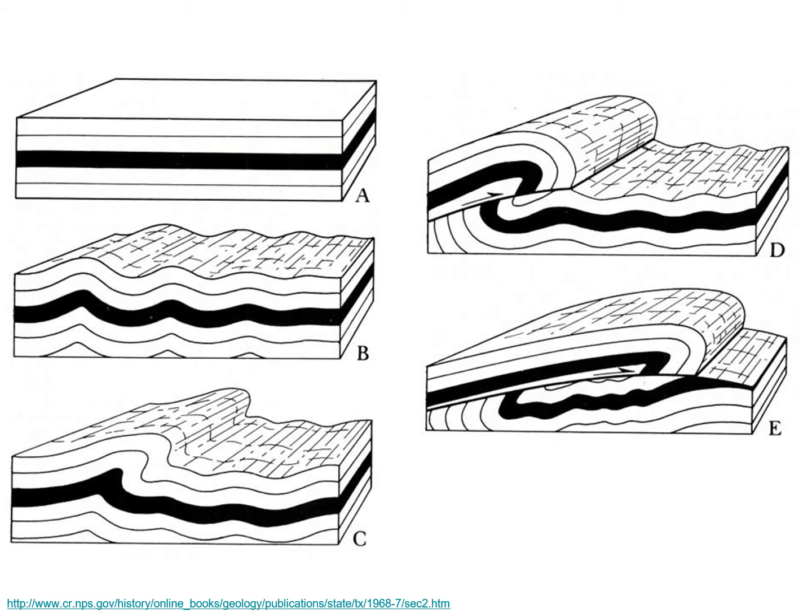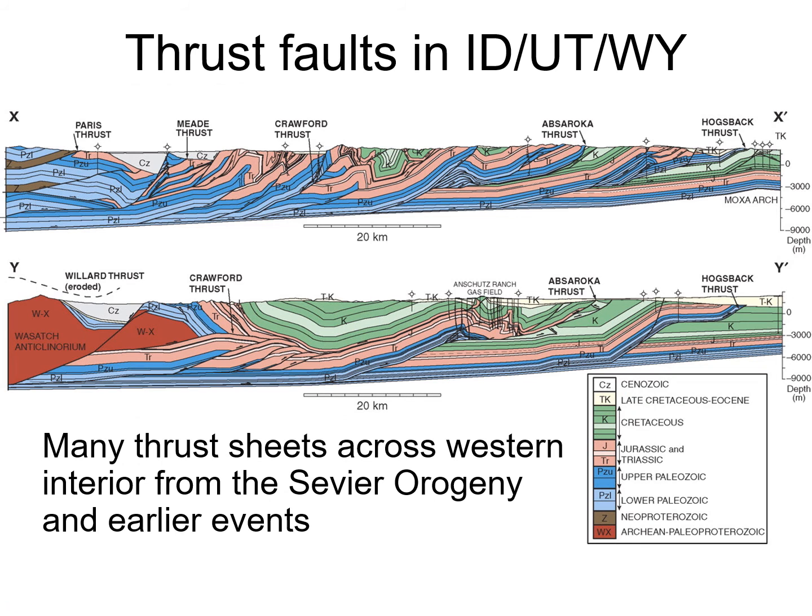Now, as this happens, anytime we have any compressive forces, we start to form some folds and then eventually some faults. Here, this fold has been pushed as far as it can in this case, and then it forms what we call a thrust fault. So remember, with thrust faults, we have lots of overlap of the same beds. Here are some cross sections of the border area between Idaho, Utah, and Wyoming.